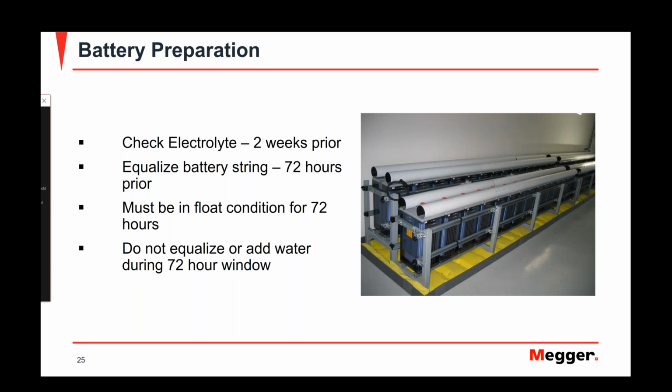This amount of time may vary depending on the kind of batteries you have, so it's important that you refer to the manufacturer's information to make sure you're properly preparing your batteries for this test. So it's very important to closely follow these procedures so that we can produce quality test results.